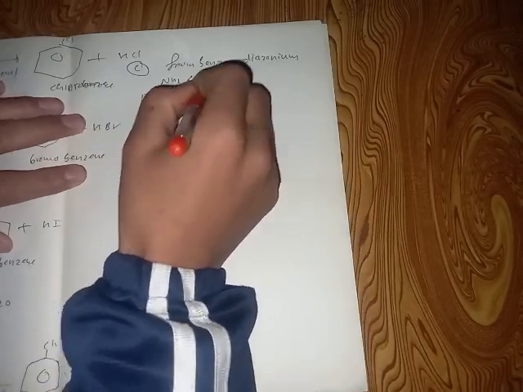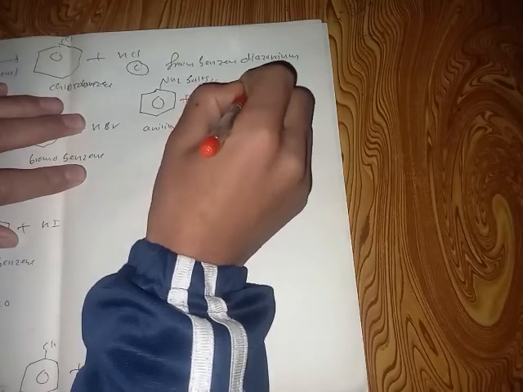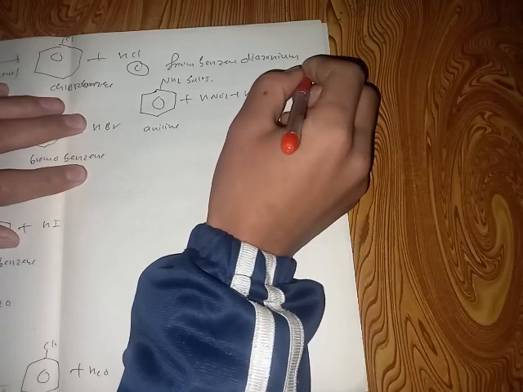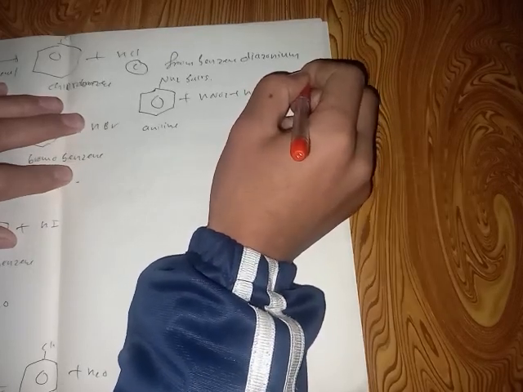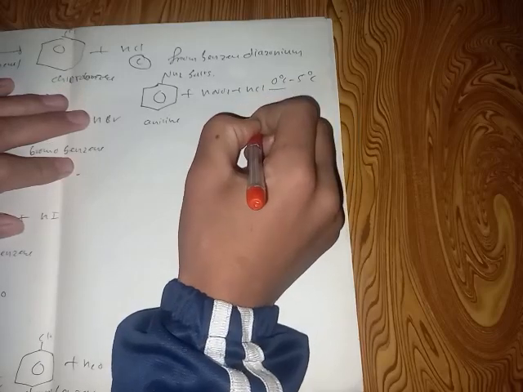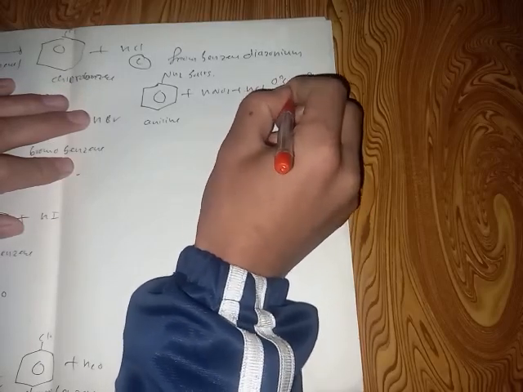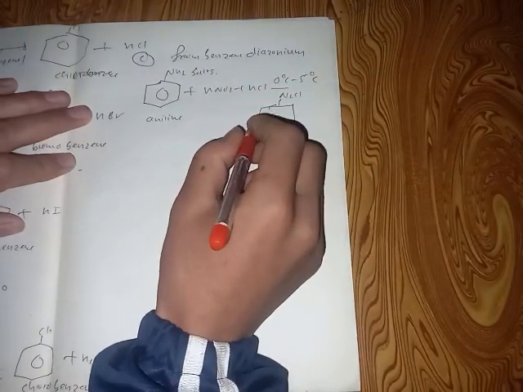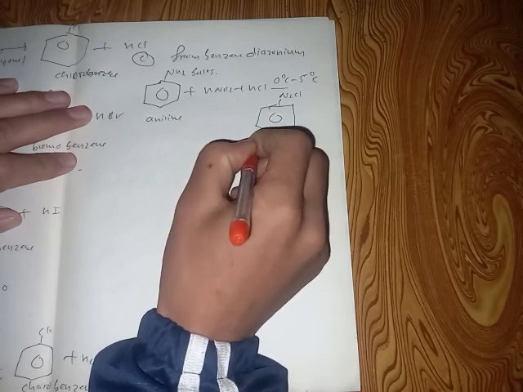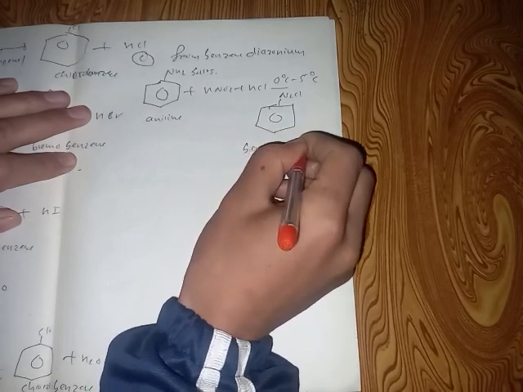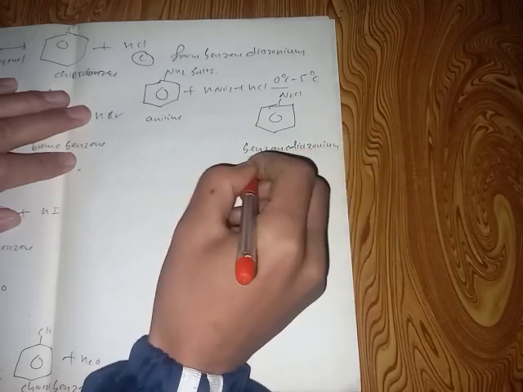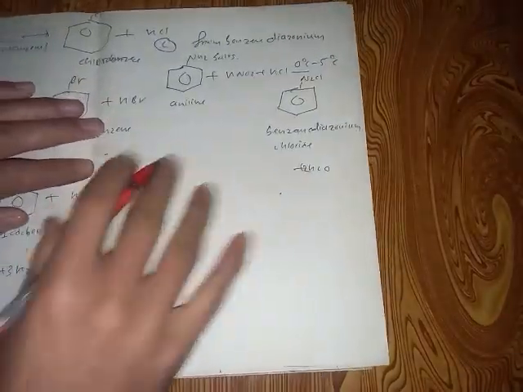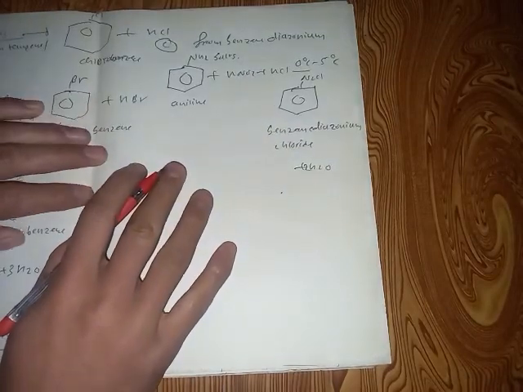Aniline is treated with NaNO2 plus HCl at a temperature of 0 degrees Celsius to 5 degrees Celsius, a very cold condition, to give the product NaCl. The name of this compound is benzene diazonium chloride, and the side product is water.